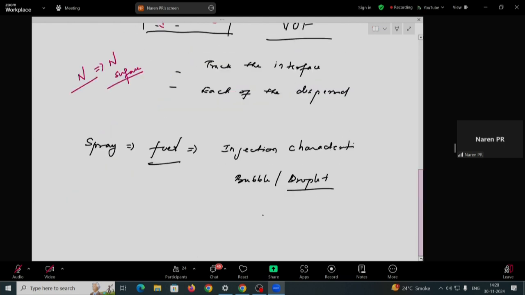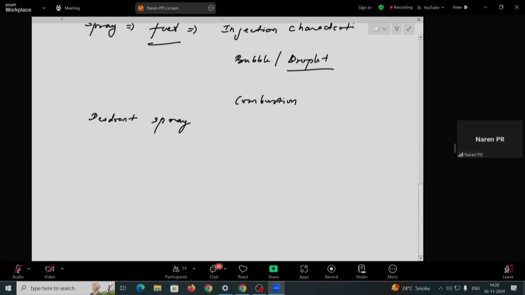So in VOF, what is the primary equation? You actually have one transport equation for the primary phase and one each for each of the secondary phases.